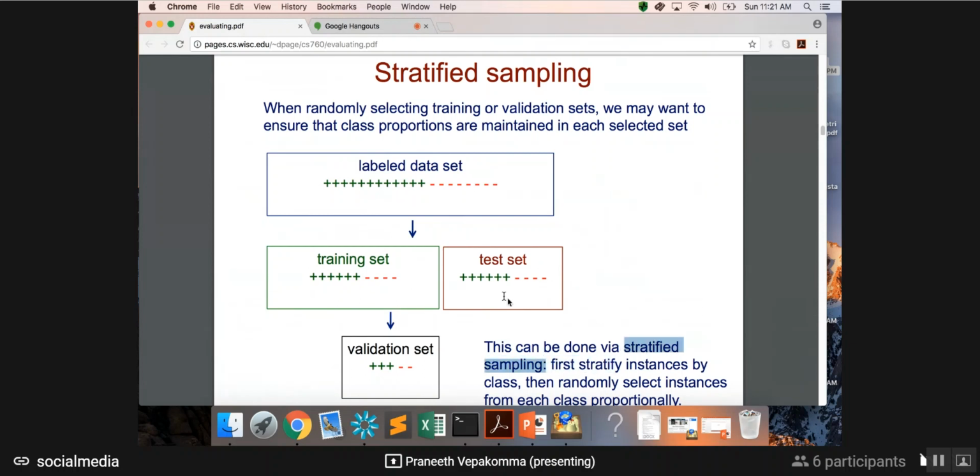It samples so that the minority class gets resampled more times, so that in your training and test sets there will be more equality of the two classes.